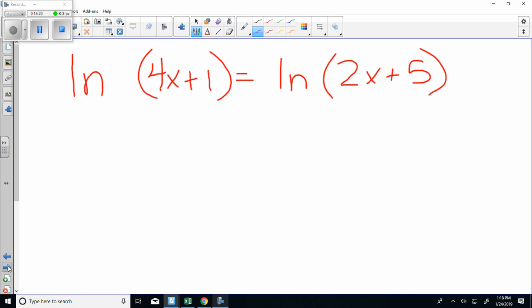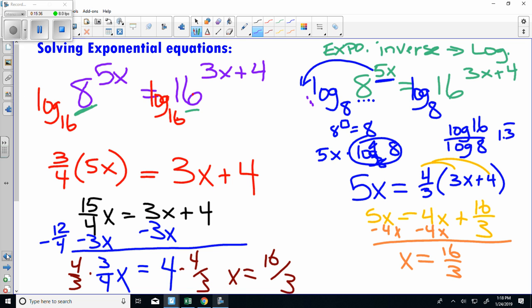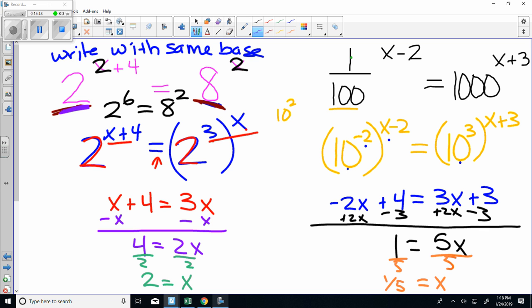with a logarithmic equation like this, what do we notice we have on both sides of the equal sign? That's right, we have an ln and we have an ln. And just like back here, once the bases were the same and we have an equal sign in between, the exponents equal each other.